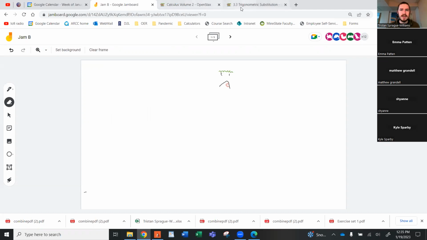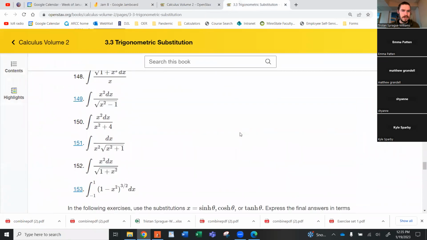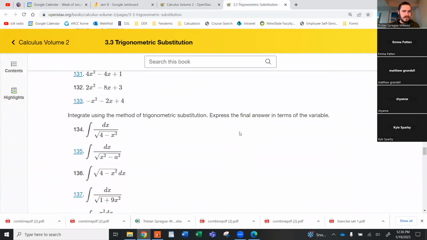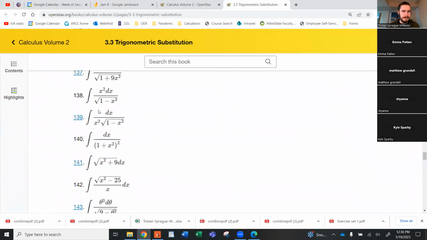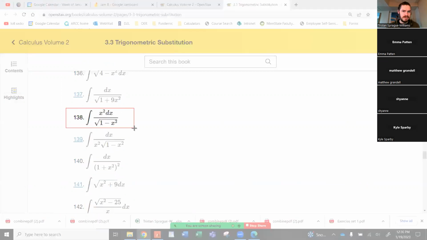I'm going to pick one from the homework over here. Why don't you guys do this one, 138. I can't remember if I assigned that one or not. If I did, that's fine. But let's do this one.